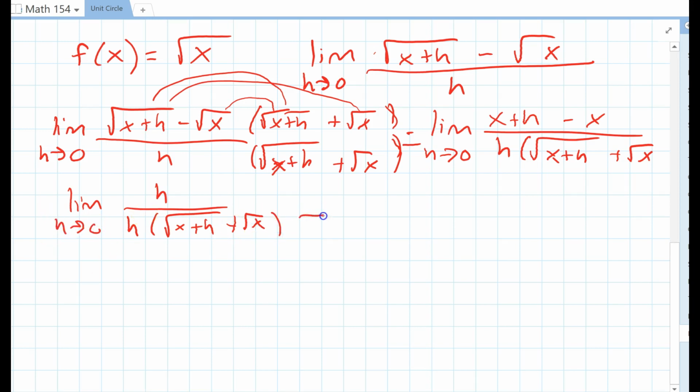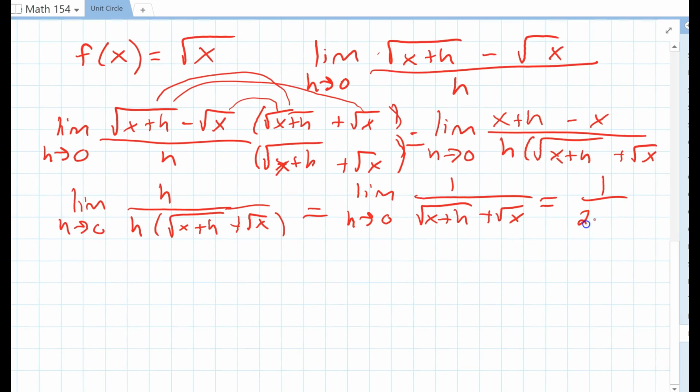The h's can cancel out, so now we have the limit as h approaches 0 of 1 over the square root of x plus h plus the square root of x. Now we're ready to let h approach 0. When h approaches 0, this gets closer and closer to 1 over 2 times the square root of x.